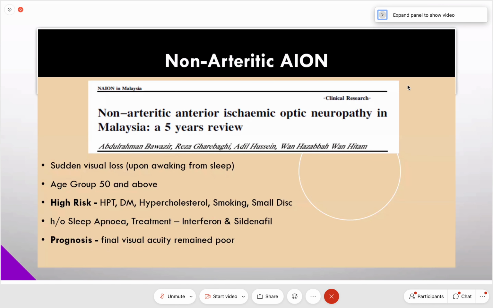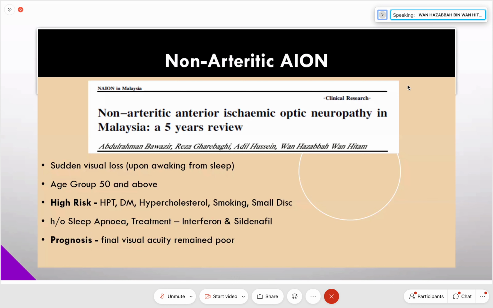Okay, so we have a very small study here in our setup where we reviewed all our patients with non-arthritic ischemic optic neuropathy. Most of the patients presented with sudden visual loss, like I told you, and the age group is 50 and above, with all the high risk factors: diabetes, hypertension, hypercholesterolemia, smoking, and patients have a small disc.